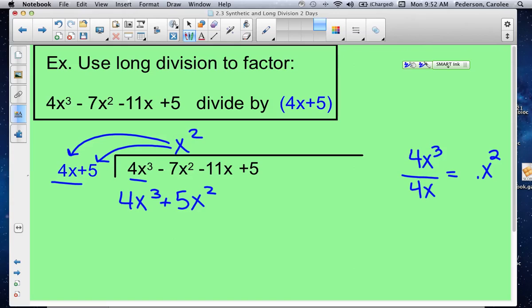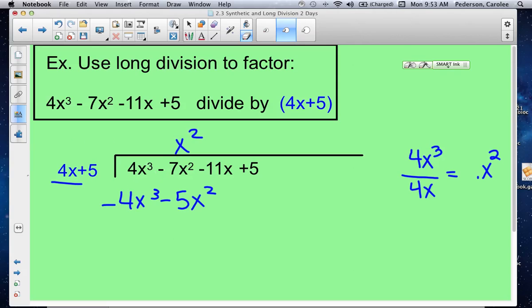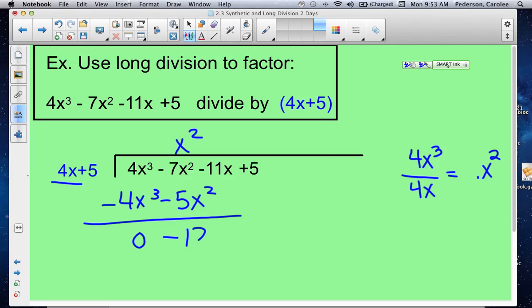I have to change those to minuses. All right. Now, 4x cubed minus 4x cubed is 0. Negative 7x squared minus 5x squared is negative 12x squared.